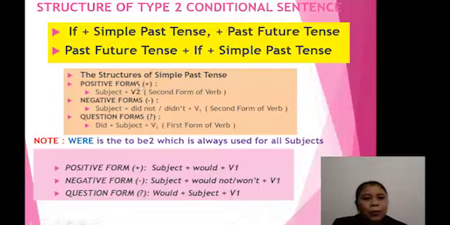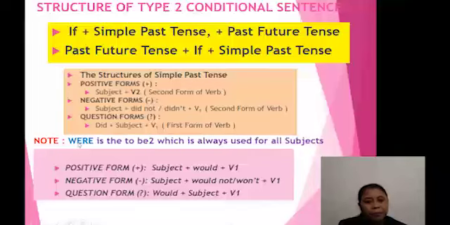I remind you of the structures of simple past tense: positive form, subject plus verb 2; negative form, subject did not or didn't plus verb 1; while the question form is did and then subject plus verb 1.